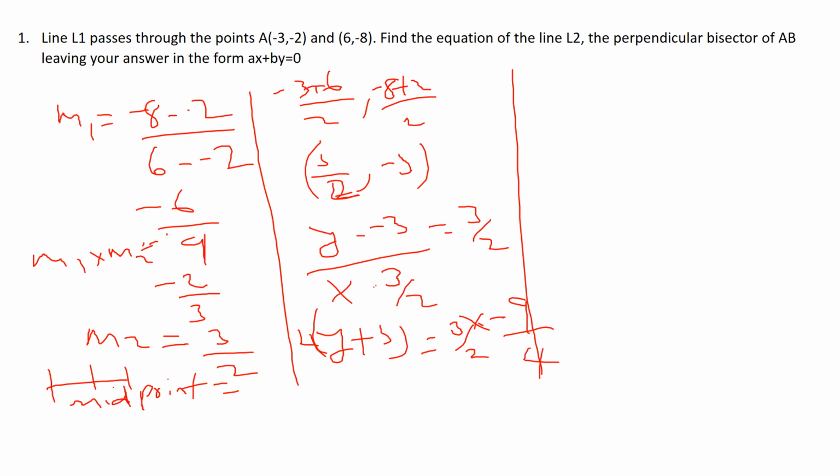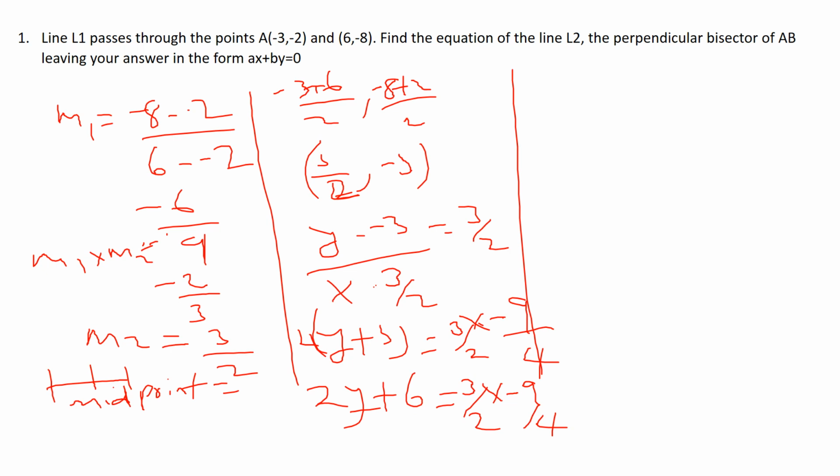So in this case, this is 2y plus 6 equals 3 out of 2 x minus 9 out of 4. So we can multiply through with our LCM that we have there.